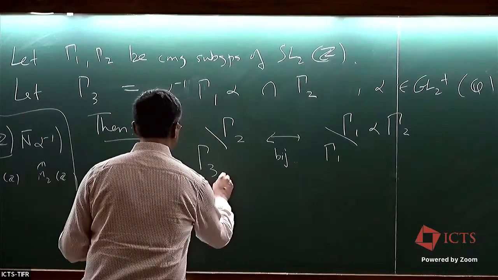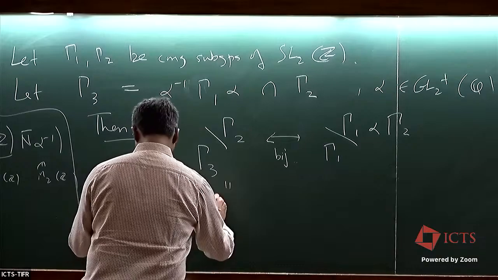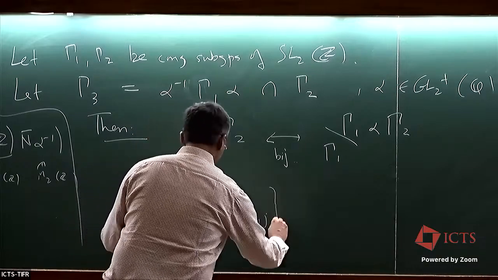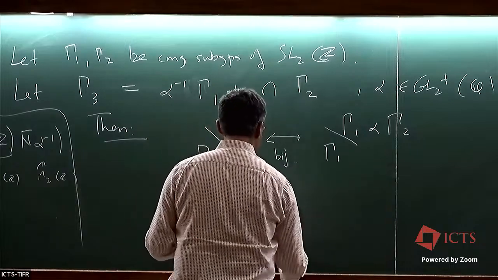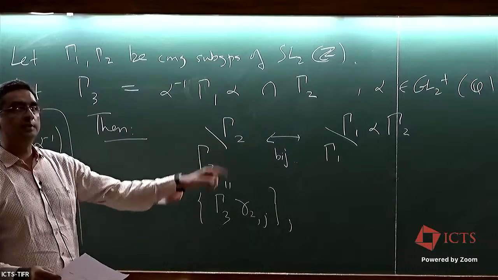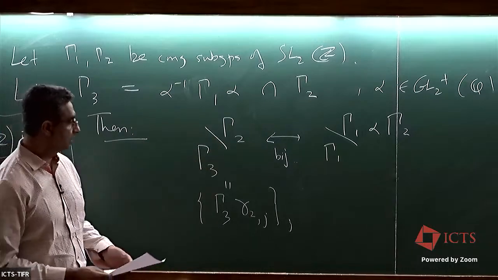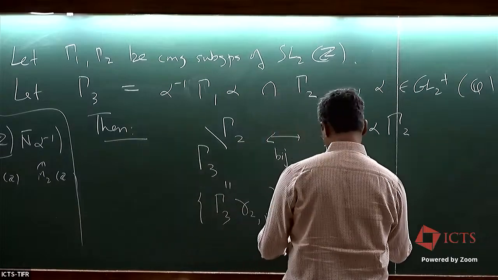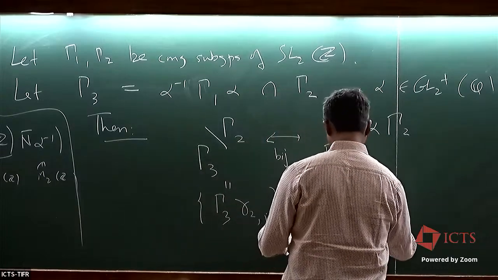So here, let's write this as gamma 3, gamma 2 j for some j. So there's no claim about the finiteness of either of these things. There's just a bijection between cosets. And these representatives are in bijection with gamma 1.